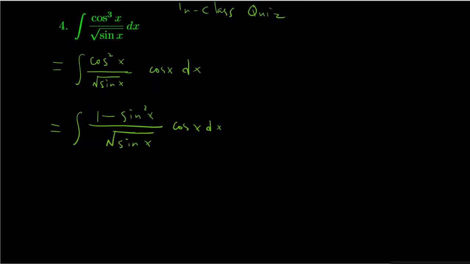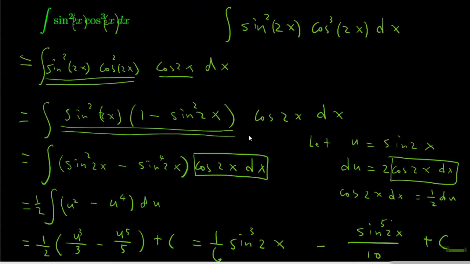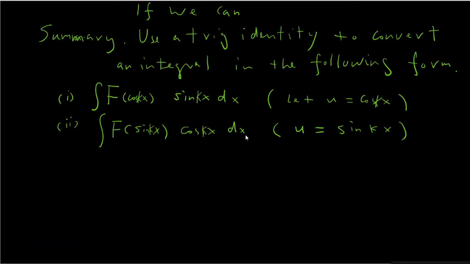At this point, we have converted the integrand to the form we want, or we have converted the integral to the form we want. Now let's recall, we wanted to convert the integral to the form that one factor is a function of sine of x, the other factor is cos of x. It's just cos of x. It's here, right?